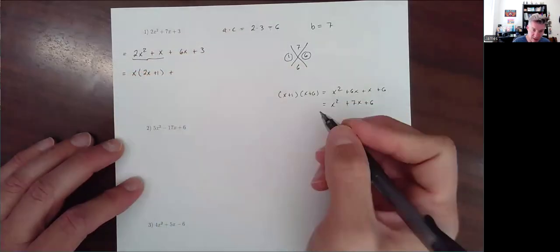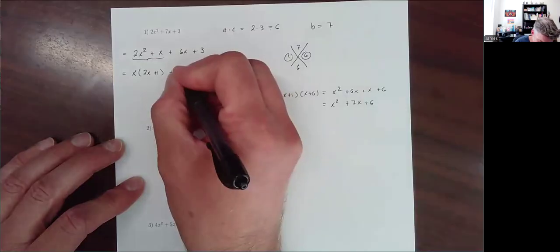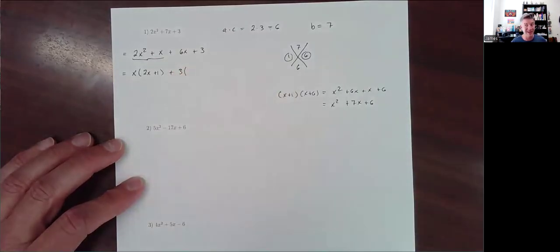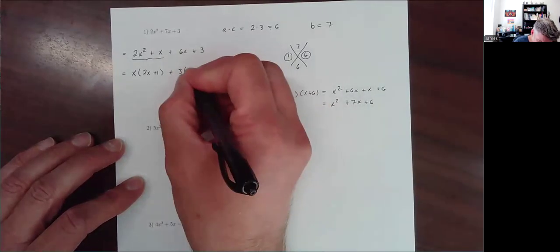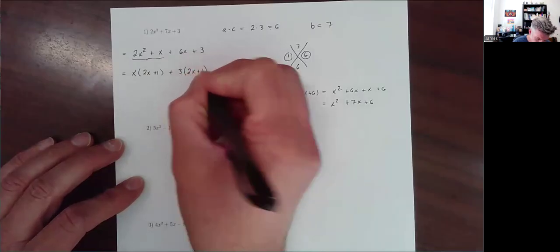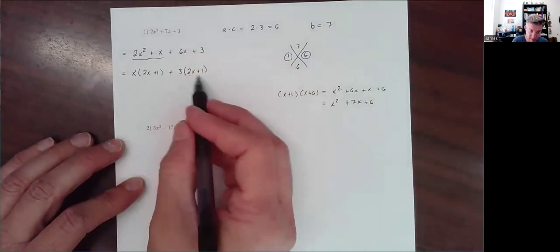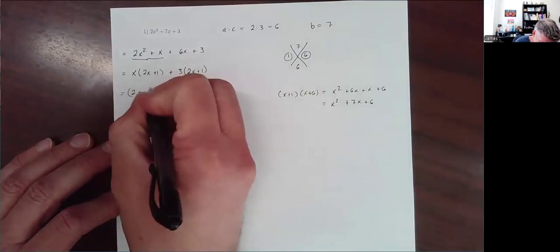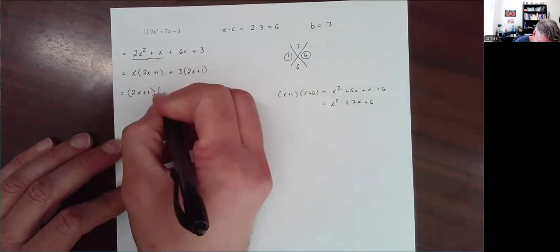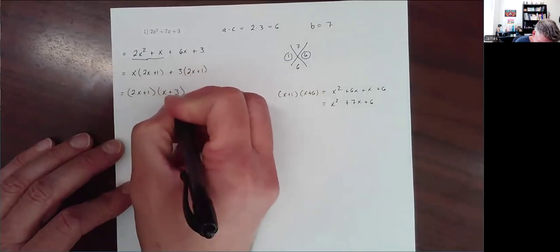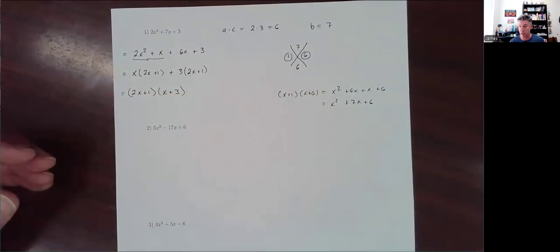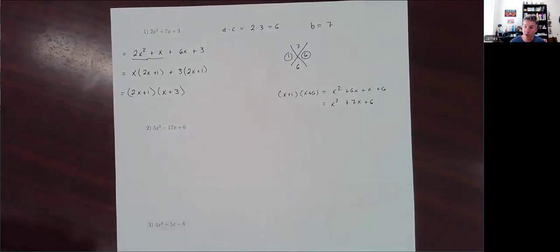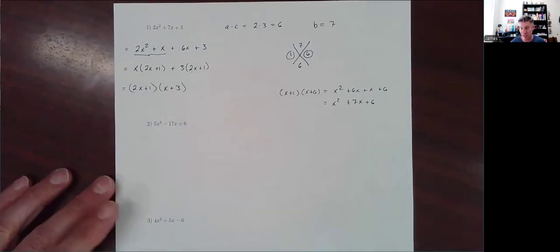The next two pieces, the greatest common factor is 3, and the leftovers should be the same. We're also left with a 2x plus 1. Then we can factor out the 2x plus 1 from each of these, and write this as 2x plus 1 multiplied by x plus 3, which is the same result that Grant got when he factored it, just using a different process. So this process always works, but it's not always easy.